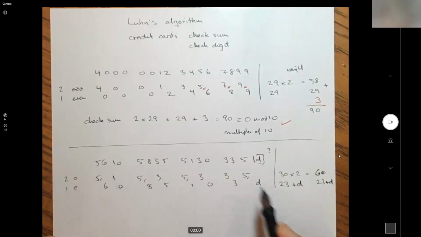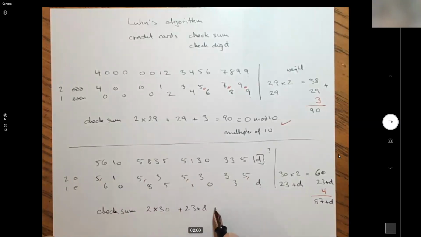So 1, 2, 3, so we're going to add 4 of them, and we add that up, and it ends up being 87 plus D. So we can write out, I'm just repeating this, 2 times the sum of the odd position numbers plus the even position numbers, the sum plus the number greater than 4 in the odd positions. That's equal to 87 plus D.